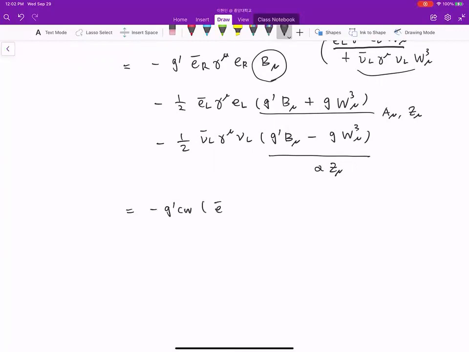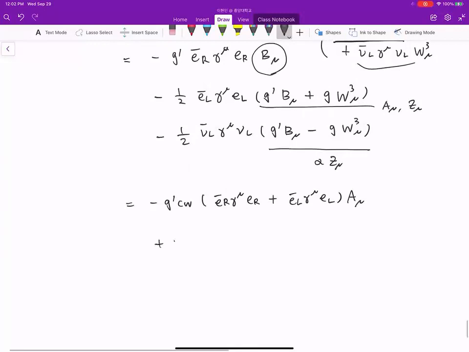It is nice to see that the photon does not distinguish chiralities. The photon couples to left-handed and right-handed in the same way.